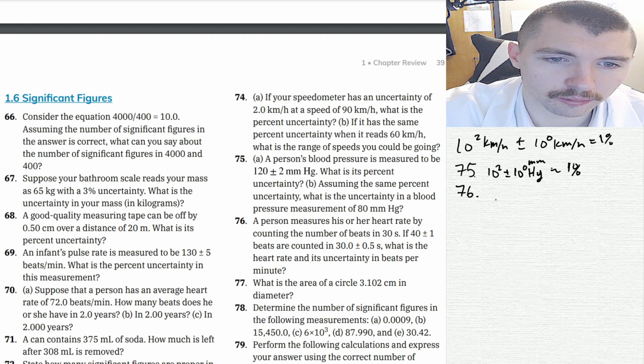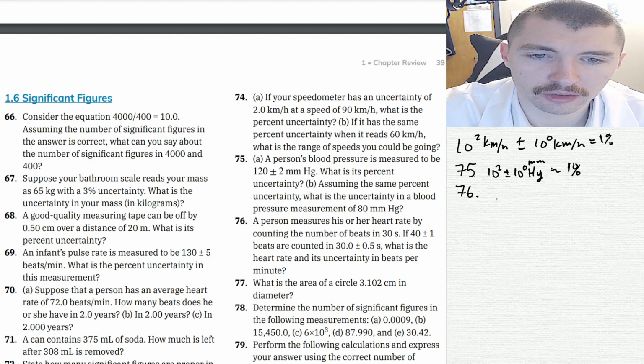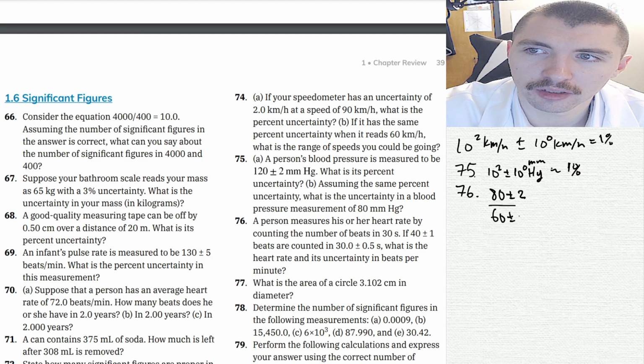76. A person measures his or her heart rate by counting the number of beats in 30 seconds. Okay, so you're getting 80 plus or minus 2 over 60 plus or minus 1 seconds.